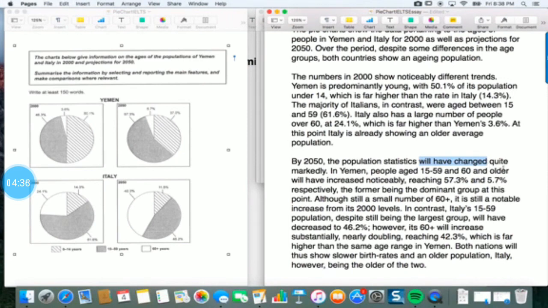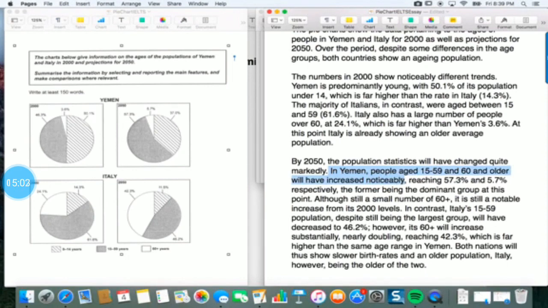Again, practice it. It's very important. Remember, by 2050, anytime you use by, you can then use will have changed. Do not say in will have changed. Always go by will have changed. In Yemen, people aged 15 to 59, and 60 and older will have increased noticeably.